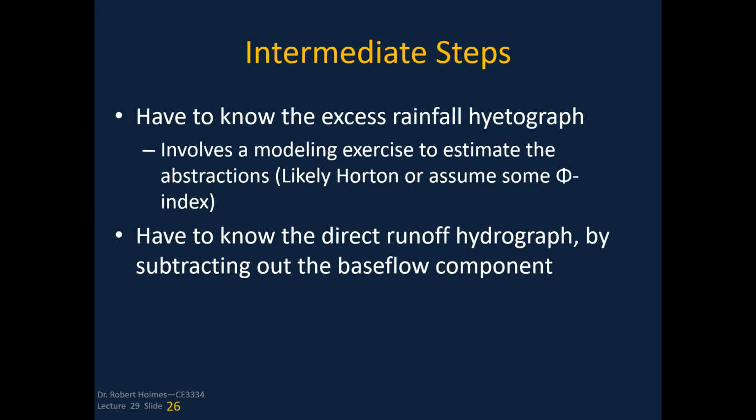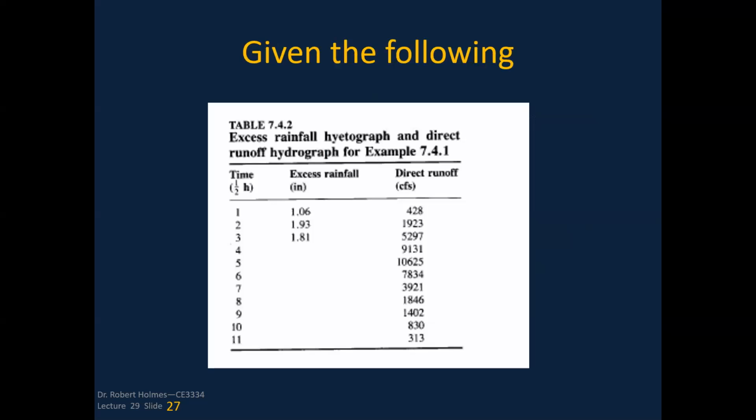You use some methodology, the phi index, or if you had some other way to estimate the infiltration and abstraction, you could use the Horton method. You can use Green-Ampt. There are other things, and then you have to separate off the base flow from the full hydrograph to get the direct runoff hydrograph. So let's do a quick example here, and let's assume that we already have done that.